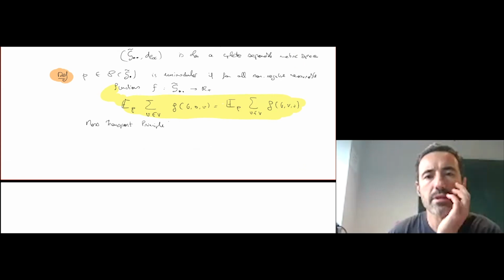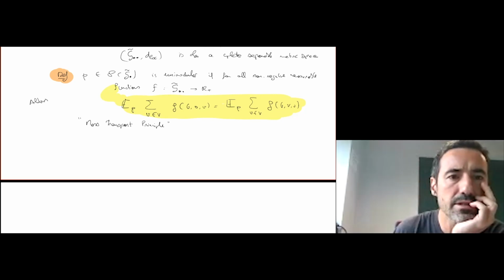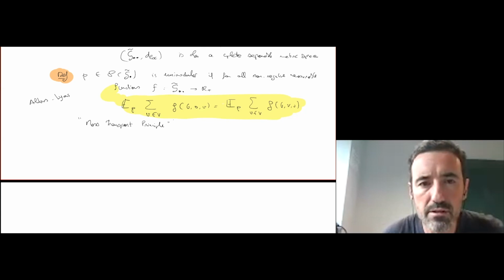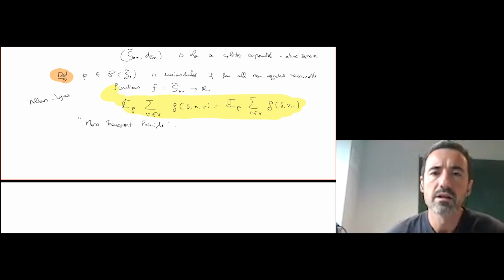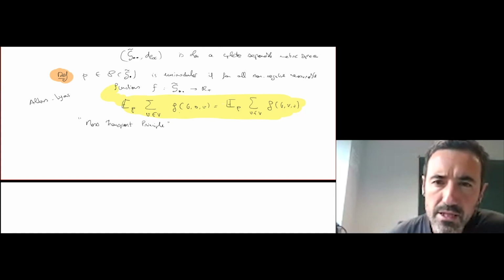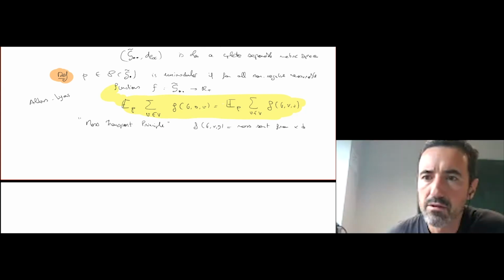Because what is the interpretation of that? There is a very nice survey by Lyons and Aldous on unimodular graphs. So what is the meaning of that? You can interpret f of (G, x, y) as a mass sent from x to y along the graph.